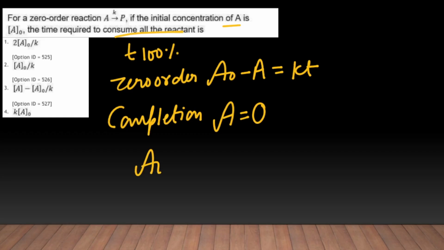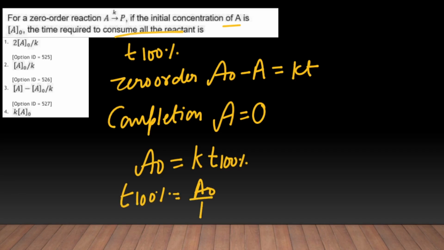So A naught equals K T 100%, and T 100% comes out as A naught upon K. So the second option is the correct answer, right?